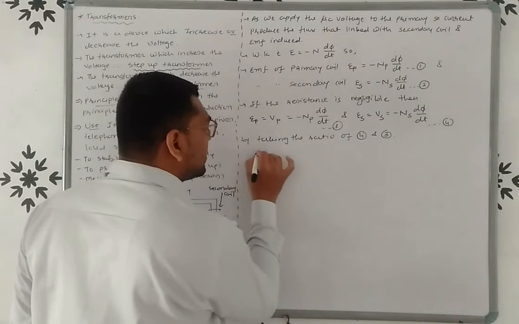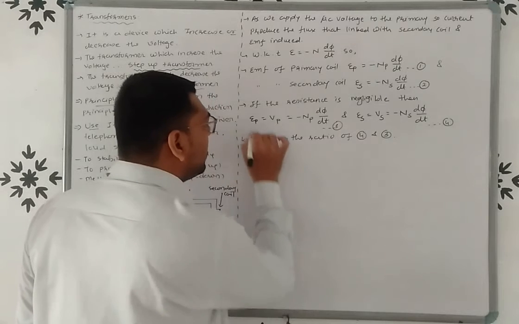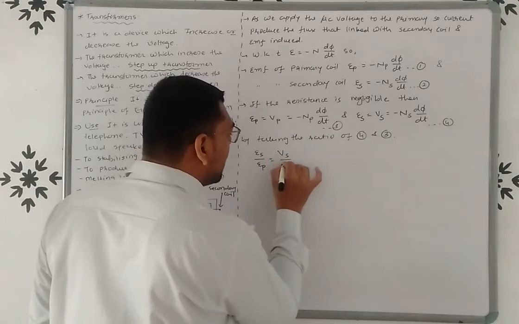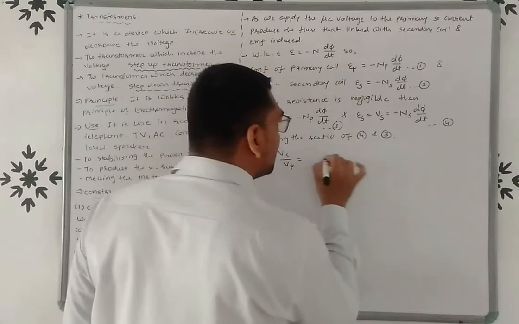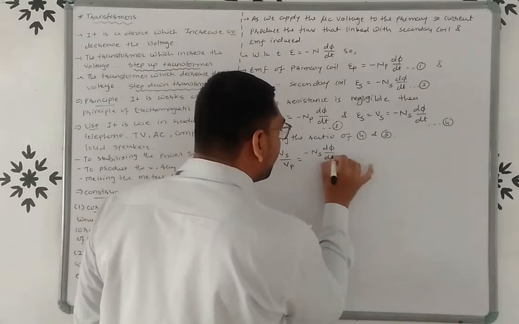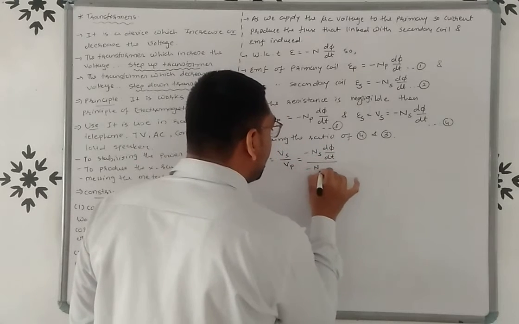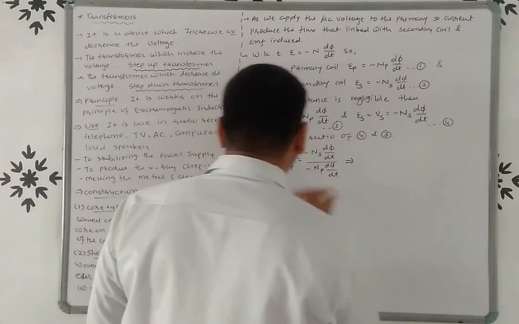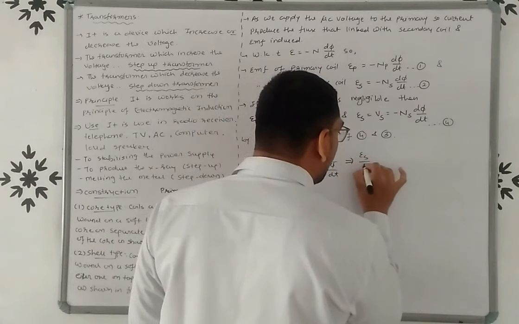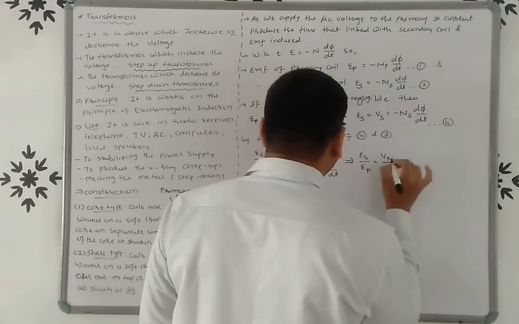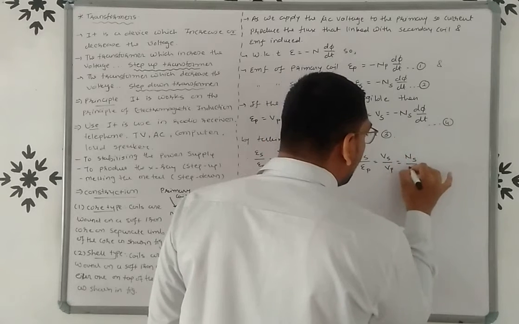ES upon EP, or you can say VS upon VP, is equal to minus NS d phi by dt upon minus NP d phi by dt. So here we get ES upon EP is equal to VS upon VP is equal to NS upon NP.